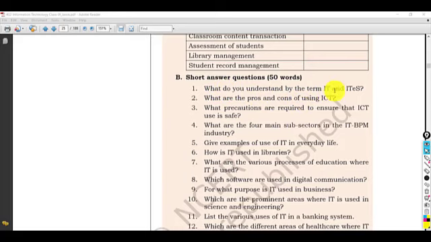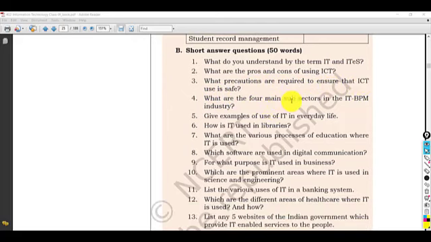What do you understand by the term IT? What are the pros and cons of using ICT? What precautions are required to ensure that ICT use is safe? What are the four main subsectors of IT? BPM we already learned. Give examples of the use of IT in everyday life.